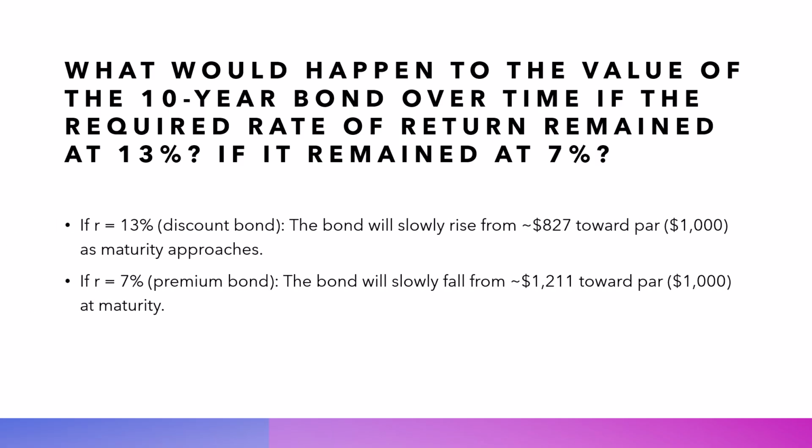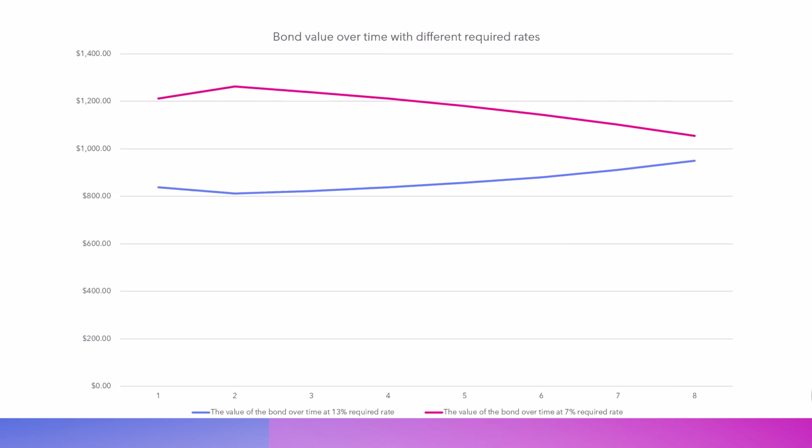Either one, the bond value will slowly move towards $1,000 at maturity. This graph shows bond value over time with different required rates. We can see that bond value with two different required rates slowly approaches the $1,000 value.